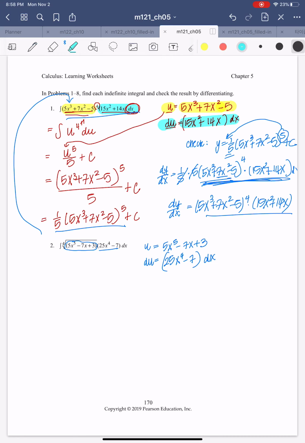That's nice. This is a good sign when you see these matching up, because I have to have all of them disappear so that I have just nice u and du, and I see that. So that means your selection of u is very good because everything cancels out.